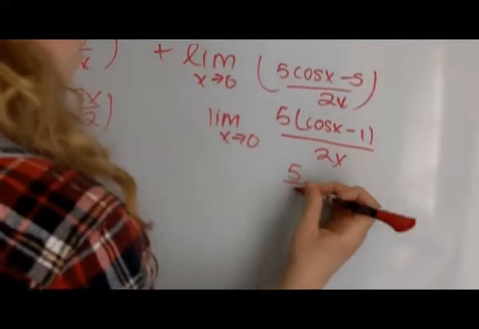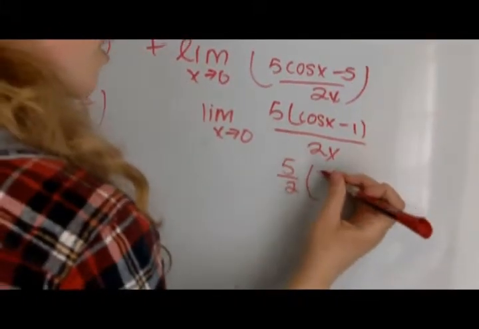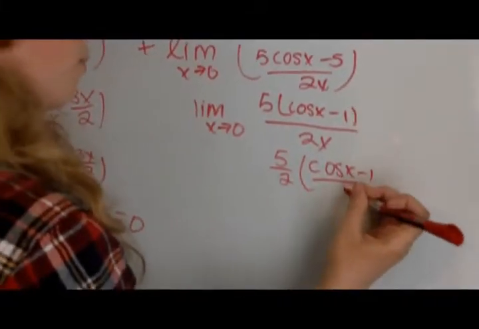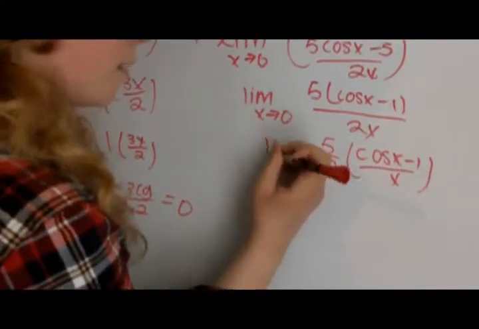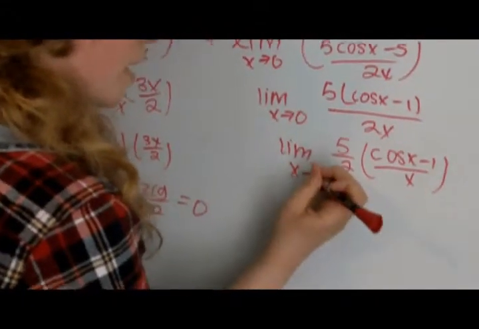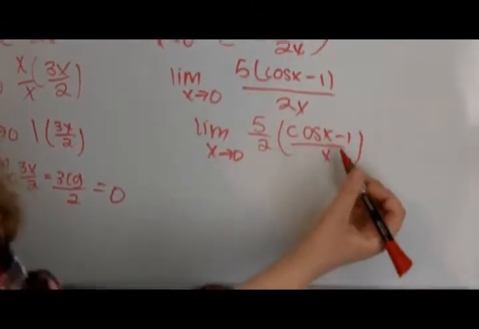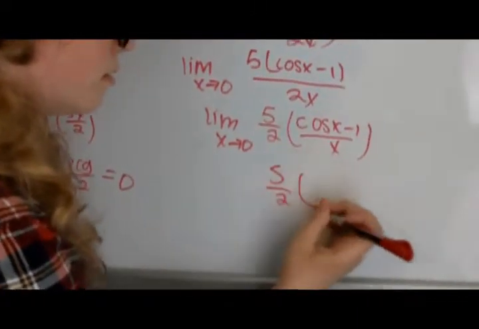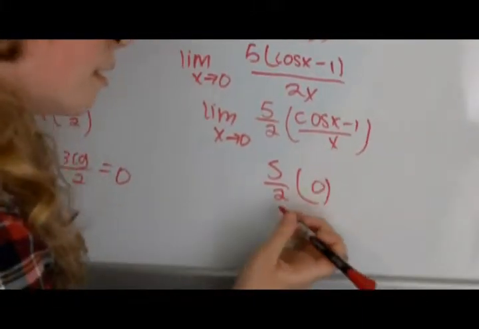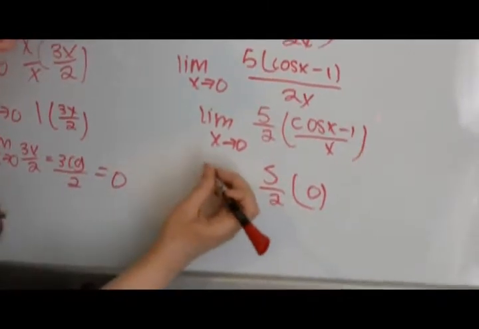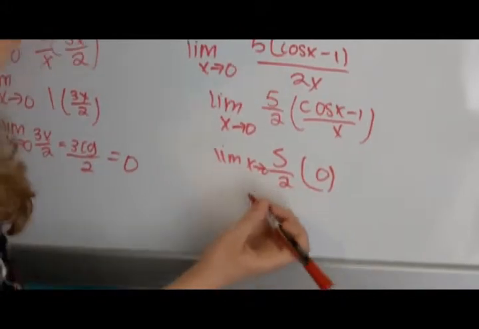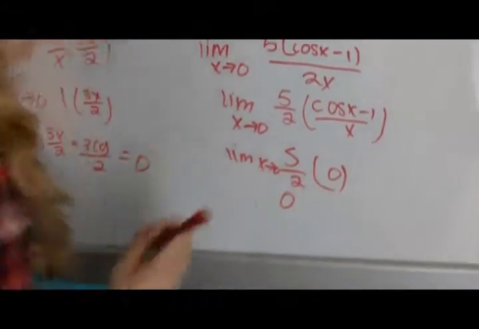So you get 5 over 2 times the limit as x approaches 0 of (cosine of x minus 1) all over x. Since we know that this one is going to be 0, the limit as x approaches 0 is going to be 0.